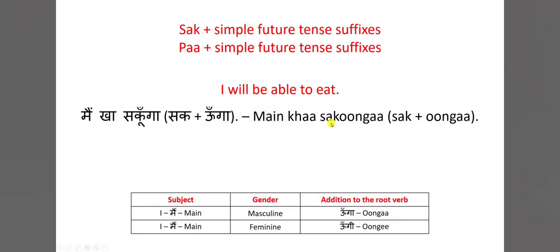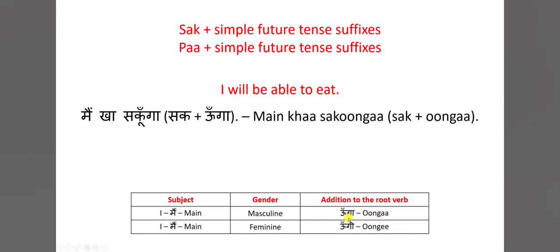Now how did I arrive at this word? We learned that when we add a simple future tense suffix to sak, we get the word for will be able to. And that is what I did here. I added sak and unga to get sakunga. Now why did I add unga?